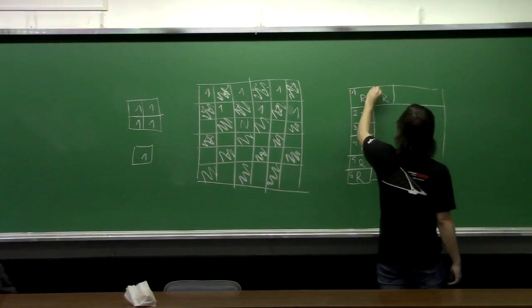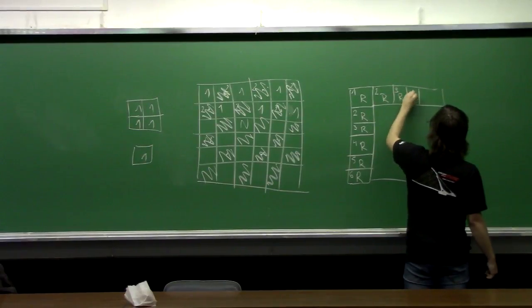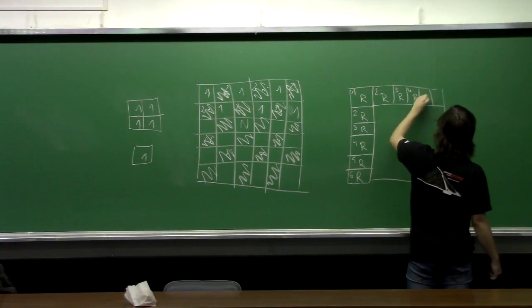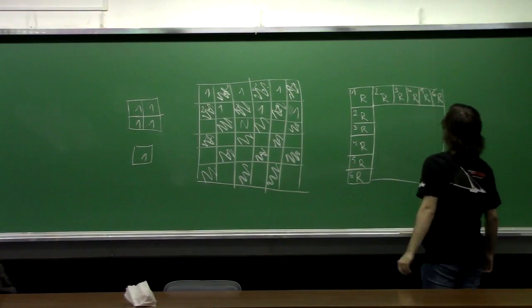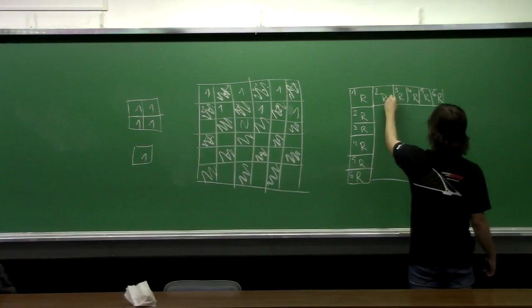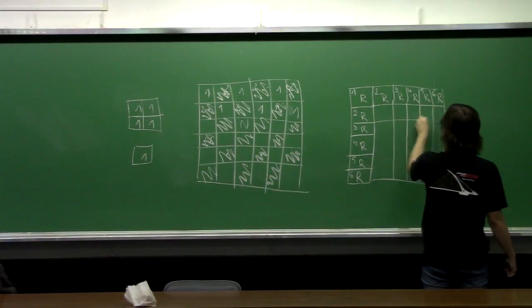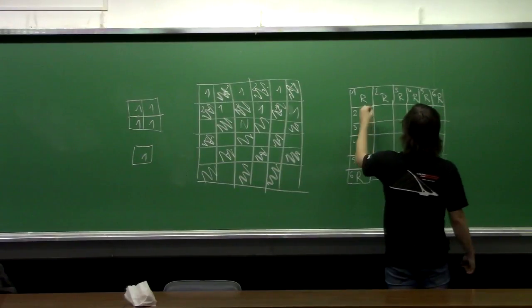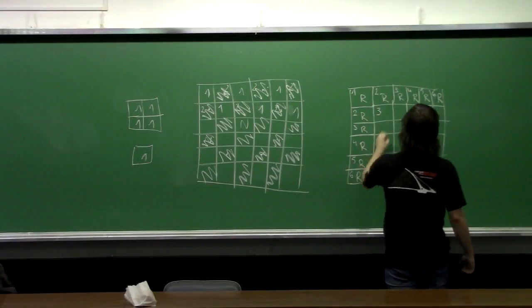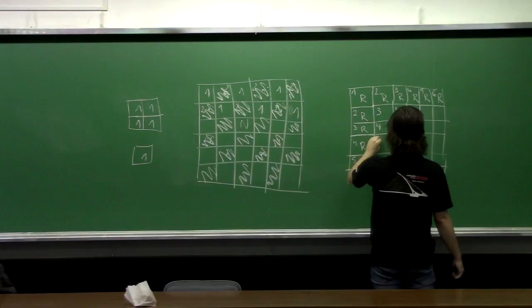Because we can do the same for the first row, just like for the first column. And then for each diagonal, we can put all the rooks on the diagonal in the same team.